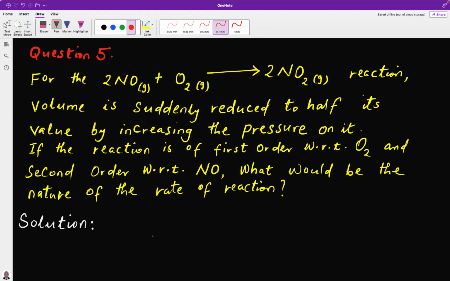If the reaction is of first order with respect to oxygen and second order with respect to nitrogen monoxide, NO, what would be the nature of the rate of reaction?